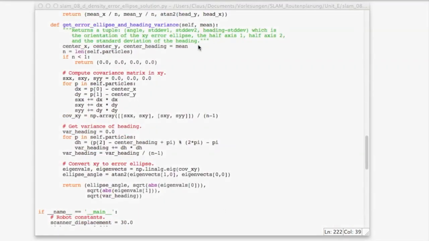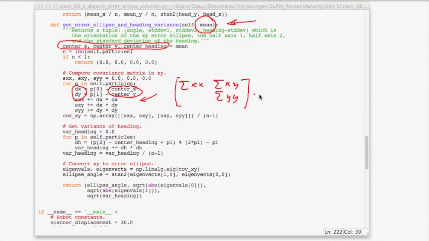And here's the third modification you may play with. So far we have computed the mean, but we can also compute the second moments. So we take the mean, we take every particle, subtract the mean in x and y, which is now called center x, center y, and accumulate the sums xx, xy, and yy, and divide that by the number of particles minus 1.